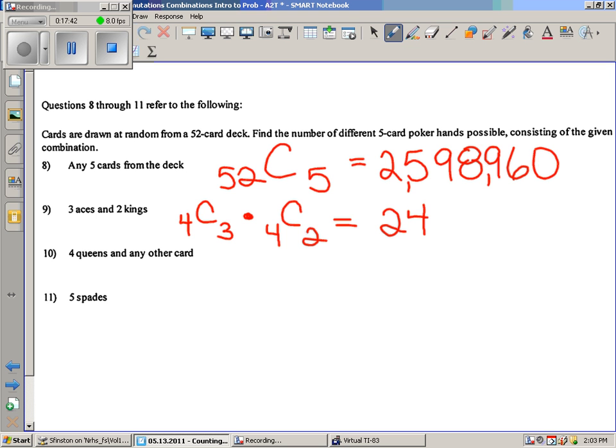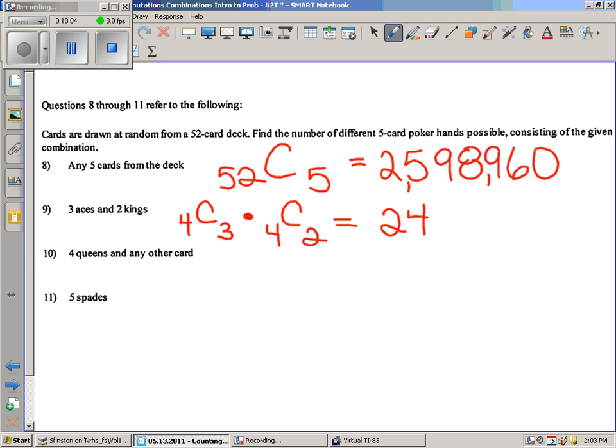Now let me explain. Does anybody understand how it's 24? Now let me explain something to you. Dude, if we are playing poker and you look at your hand and you see 3 aces and 2 kings, what do you do? You go all in. You bet everything you have. You know why? Do you know the rarity of pulling this out?